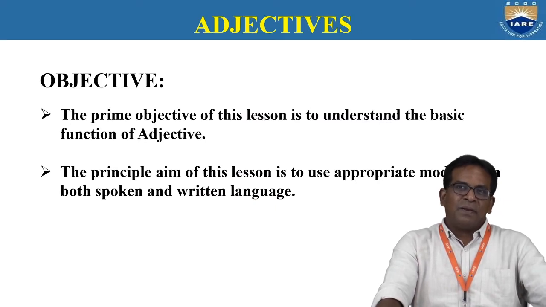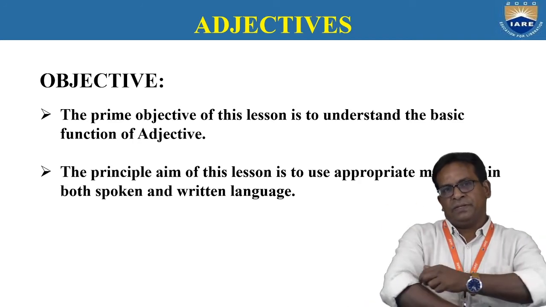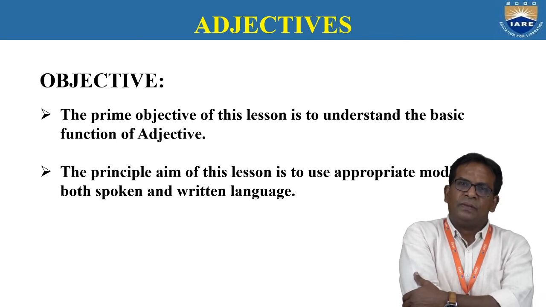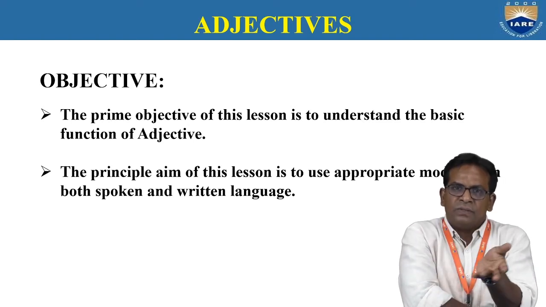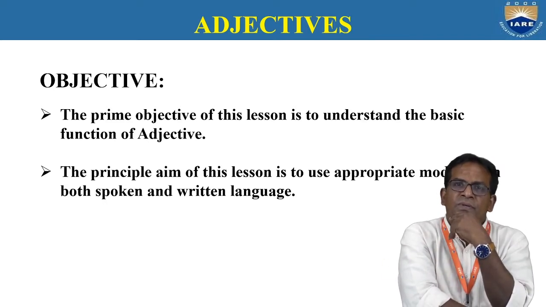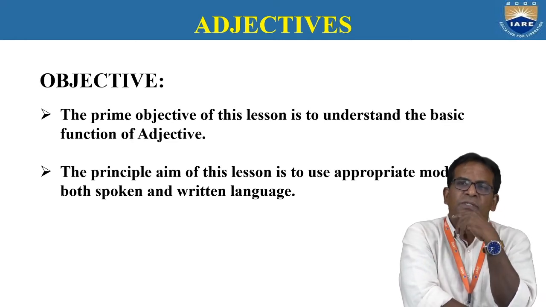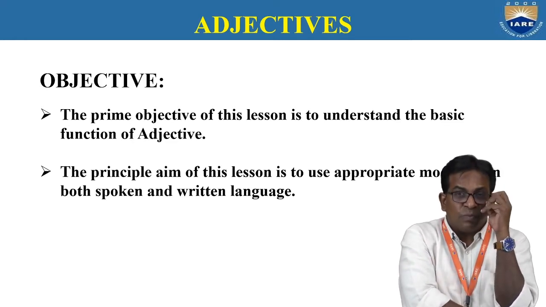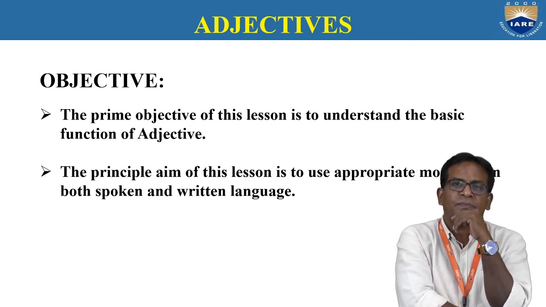Here, the prime objective of this lesson is to understand the basic functions of adjectives. What are the basic functions of adjectives? An adjective talks about the noun. An adjective adds extra information to the noun. Usually it is placed before the noun. And also the principal aim of this lesson is to use appropriate modifiers in both spoken and written language.